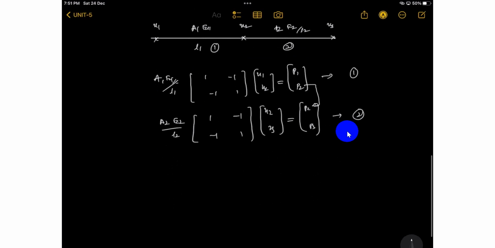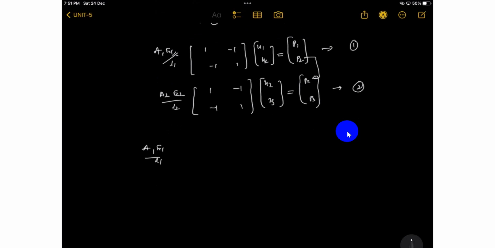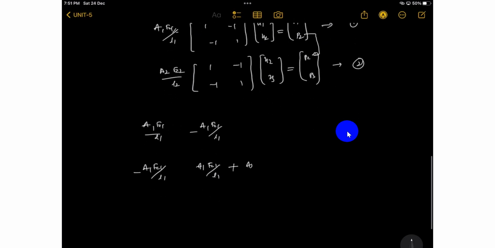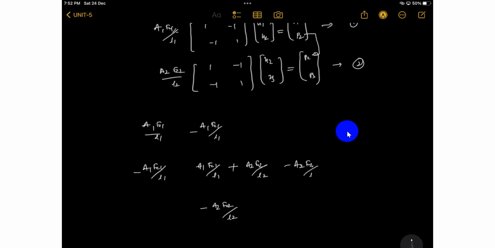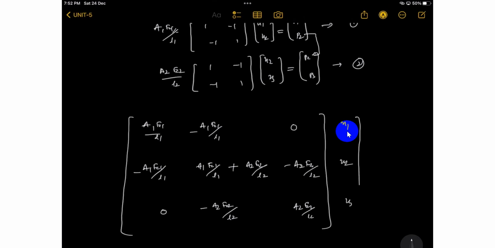So A1 E1 by L1, minus A1 E1 by L1, 0; minus A1 E1 by L1, A1 E1 by L1 plus A2 E2 by L2, minus A2 E2 by L2; 0, minus A2 E2 by L2, A2 E2 by L2, times u1, u2, u3, is equal to p1, p2, p3.